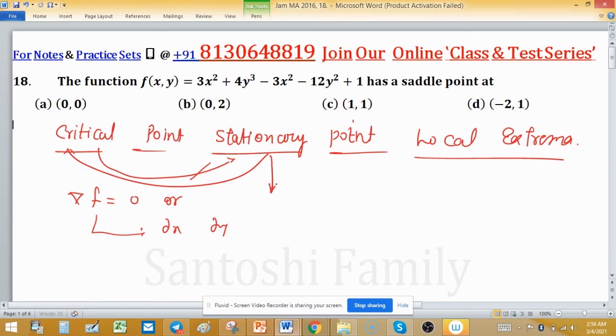But a stationary point is only where the gradient of f is 0, meaning the partial derivatives with respect to x and y are 0. A local extremum is a point of local maxima or minima. These are a few terms.